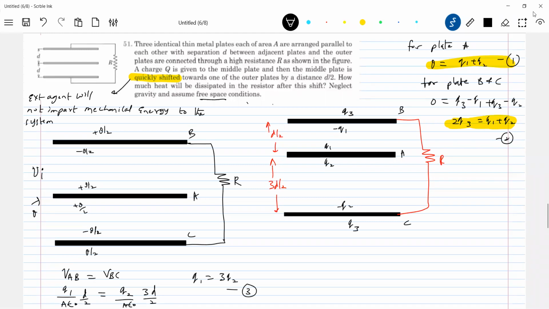Sir, VAB equal to VBC or VAB equal to VAC, sir? Okay, I think correct, VAB equals VAC. Fine, these are the three equations.